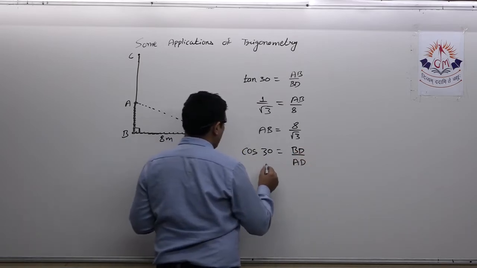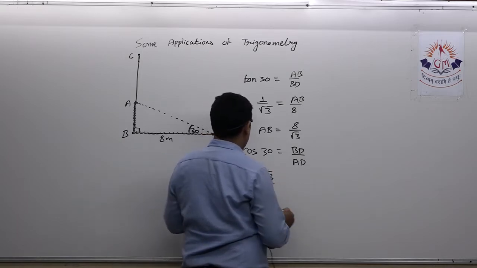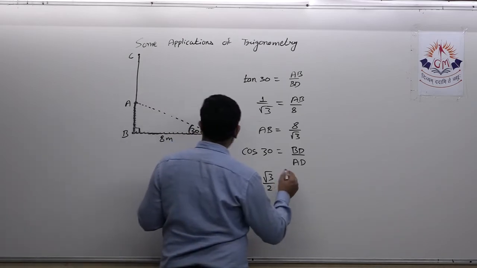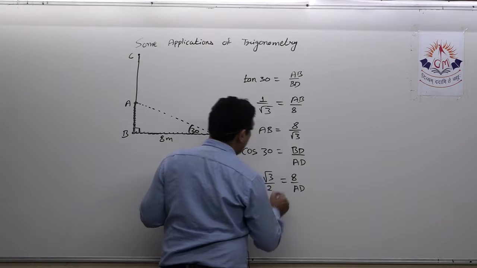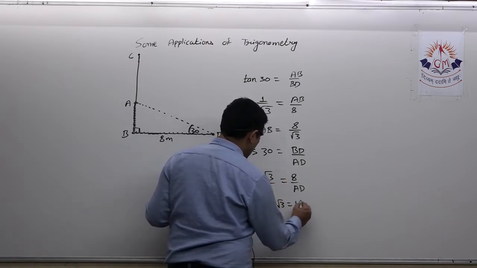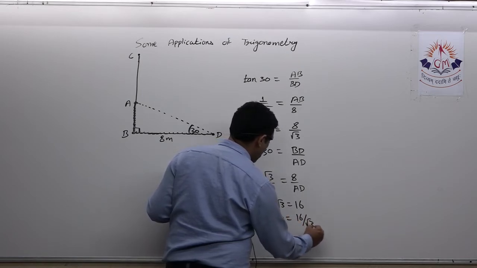So cos 30 is root 3 by 2. BD is 8. AD I have to obtain. So I can write AD into root 3 equals 16, or AD is equal to 16 upon root 3.